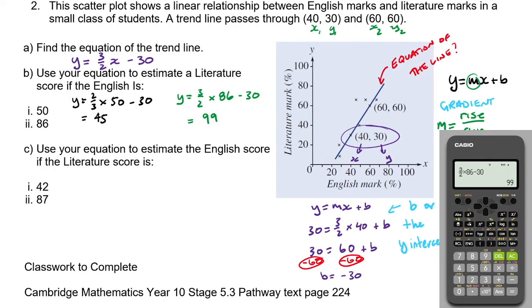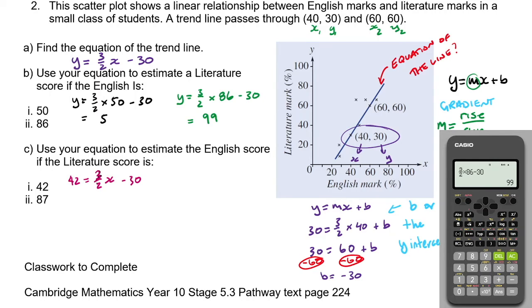Now we can do it the same for the other way around as well. A little bit more involved in that one. So for this one, we're going to have 42 equals 3/2x minus 30.